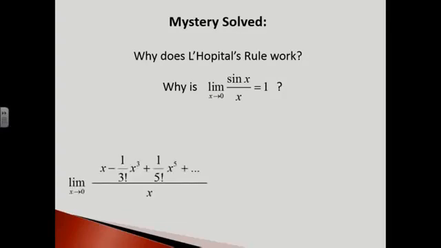We write sin x as x minus 1 divided by 3 factorial multiplied by x cubed plus 1 over 5 factorial multiplied by x to the power of 5 plus etc. Dividing by x gives 1 minus 1 over 3 factorial x squared plus 1 over 5 factorial x to the 4th plus etc., which tends to 1 as x tends to 0.